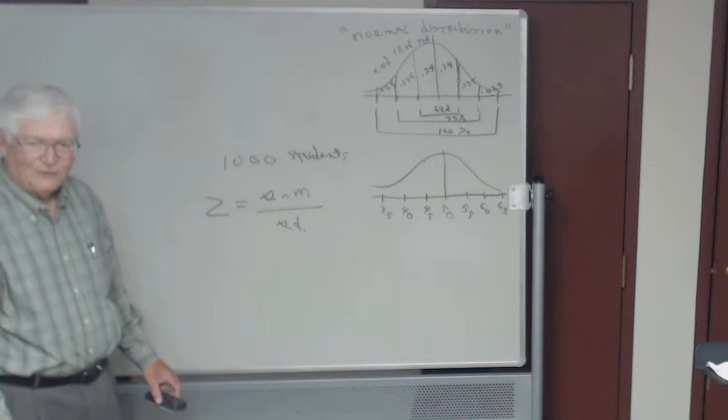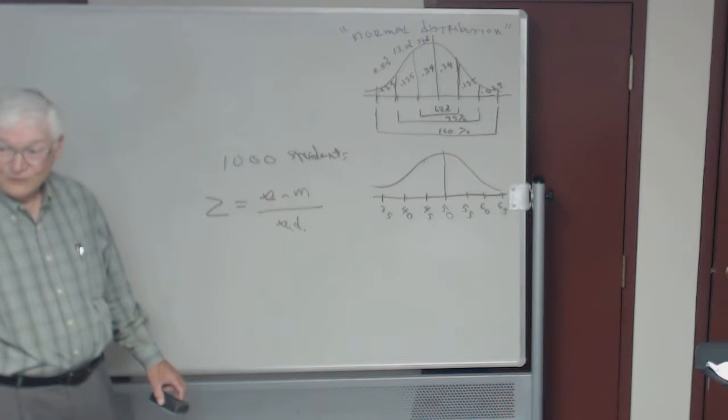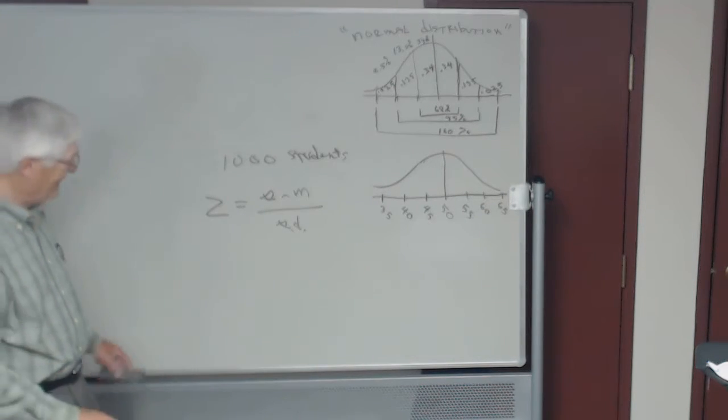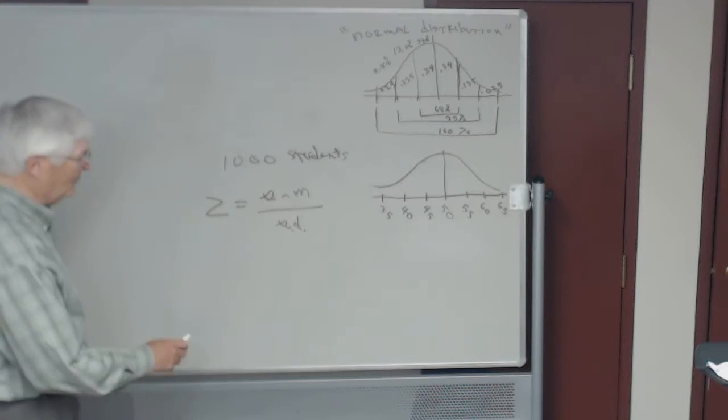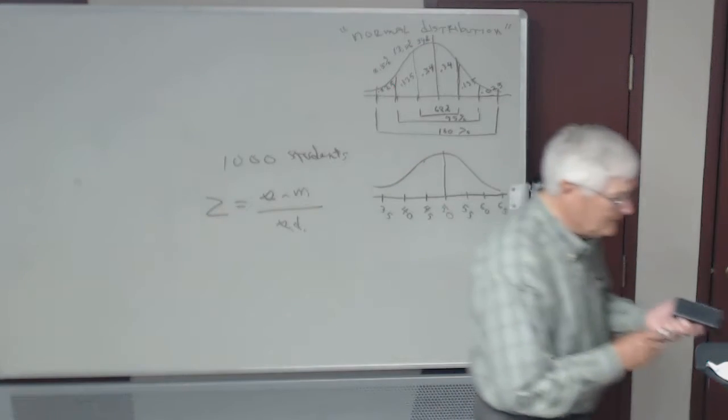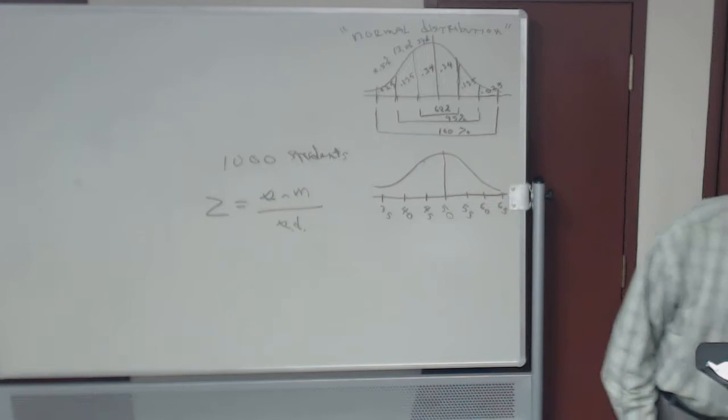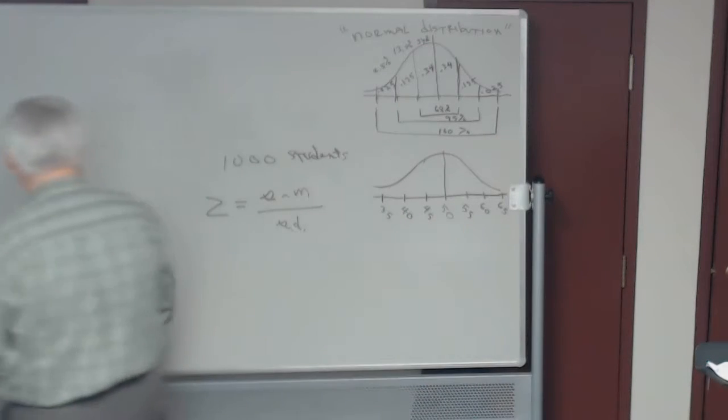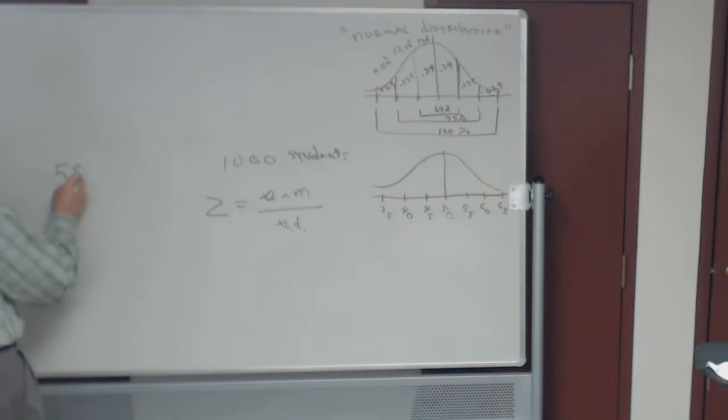You don't have that in your head, do you? So you're going to write it in your notes. So what's the score they just gave us? 58. So I go 58 minus what?